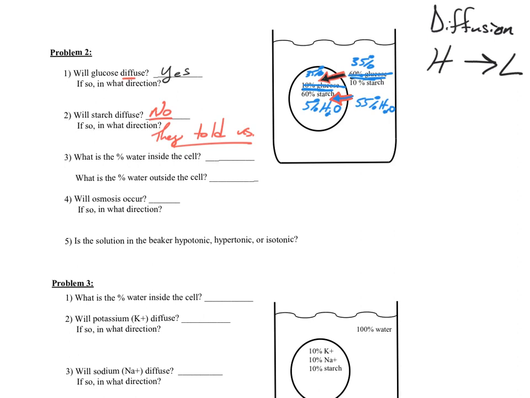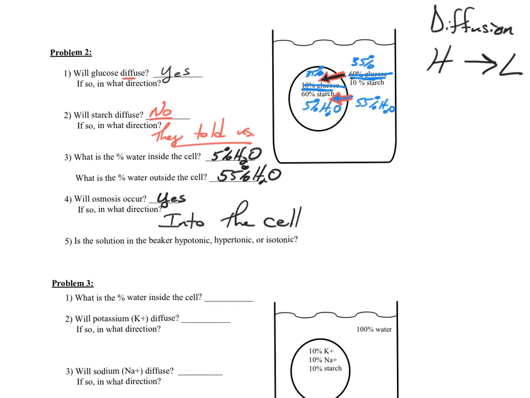What is the percent water inside the cell? At this time, the original portion is what? It was 5%. Now we know at equilibrium it's going to be higher, right? The percent water outside that was 55% and will be lower, right? Will osmosis occur? Yes. If so, in what direction? Into the cell.